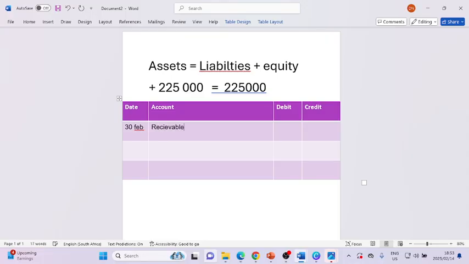So I'm gonna write receivable Everest, whatever the name they gave you there, right? You are going to write it as that. So you're gonna write receivable Everest, and because it was on credit, you're just going to say revenue. And revenue is statement of profit or loss.